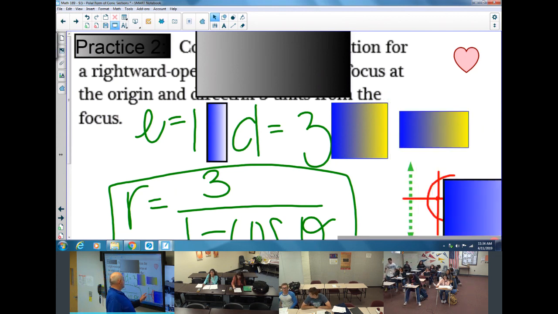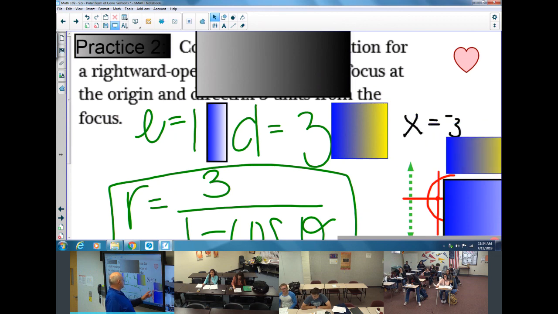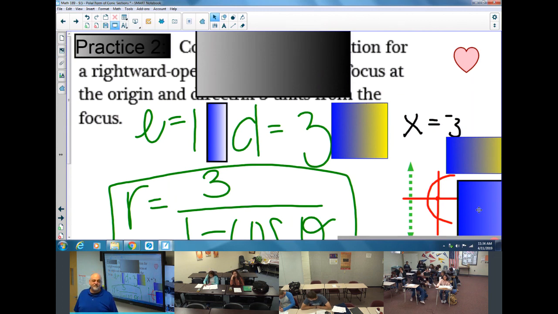It's because it's on this side of the origin, so it'll be a vertical line because it's cosine. X equals -3. Any questions on that? So the positive or negative is based off of the directrix? Yes.